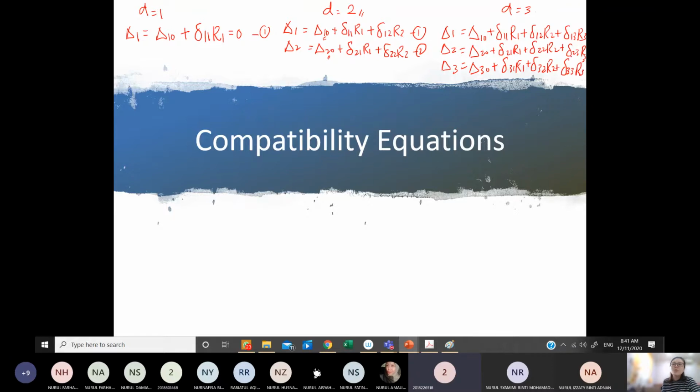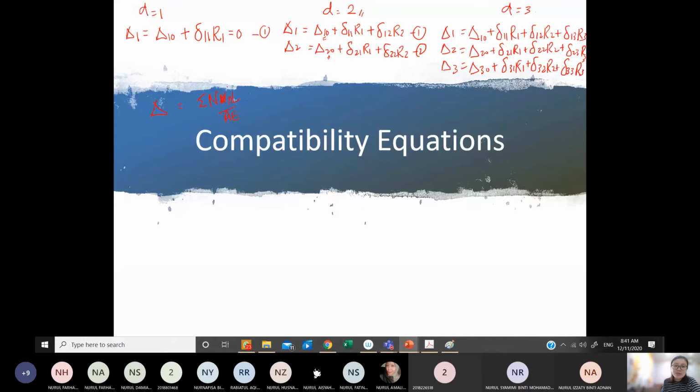Why I want you to get familiar with this is because this naming is also a reference to get the remaining equations. If you still remember in the virtual work method, when we want to find the displacement, for truss we talk about n L over AE.